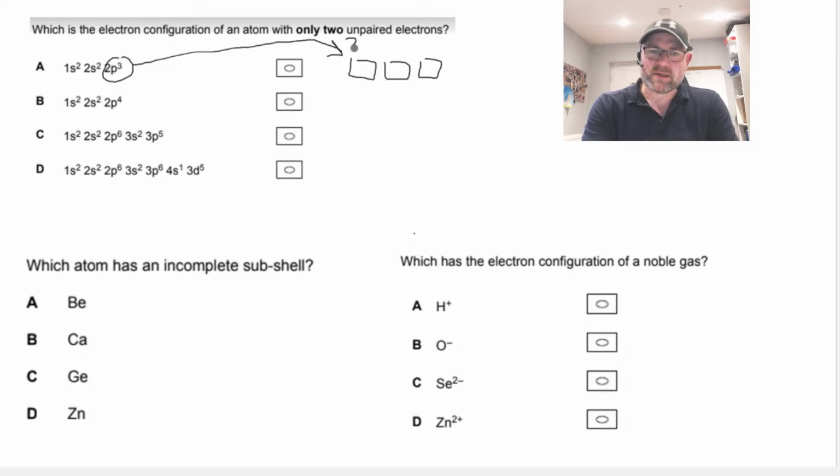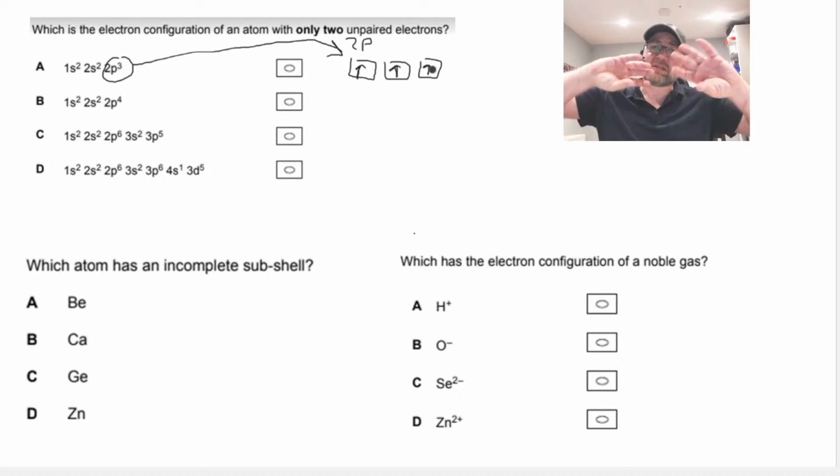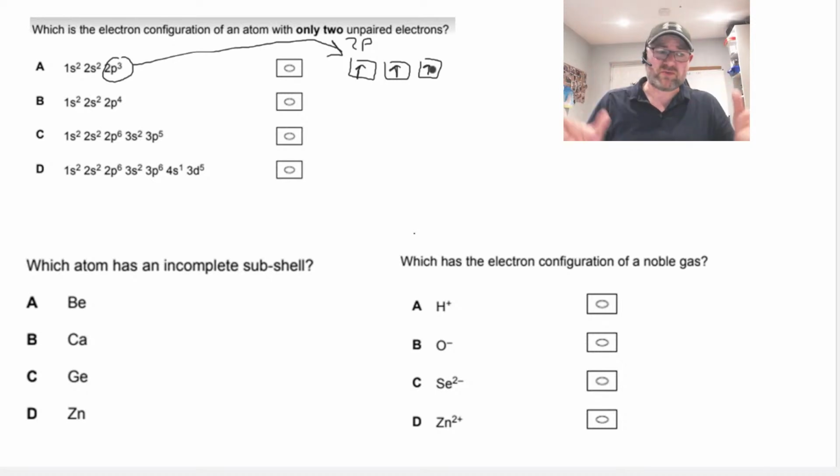There's 3 boxes in the p subshell. So 2p3 means I've got one in each. We draw arrows, an arrow up and an arrow down. The electrons actually spin in opposite directions to reduce repulsion. So how many unpaired electrons are there? There's 3. I want one that has 2 single electrons only in the boxes.